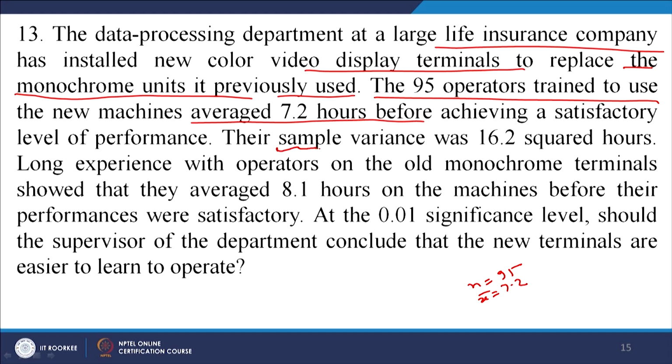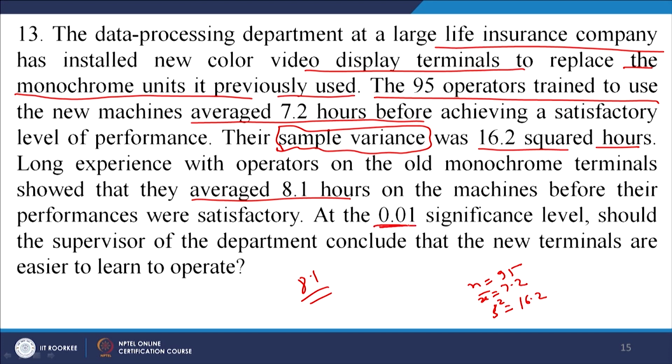So, N is 95, sample mean 7.2 hours. Their sample variance, keep in mind, this is the sample variance, S square, was 16.2 squared hours. Long experience with operators on the old monochrome terminals showed that they averaged 8.1 hours on the machine before their performance was satisfactory.